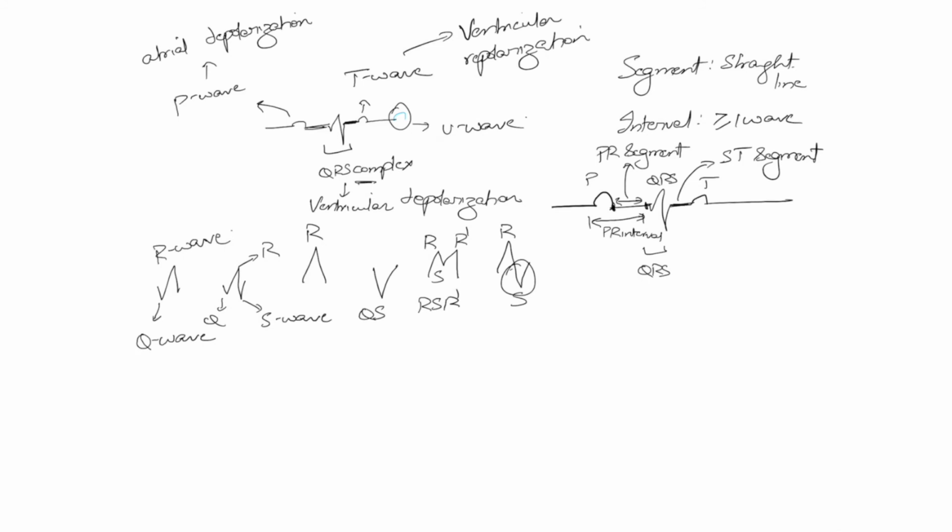And the interval between the beginning of ventricular depolarization to the end of ventricular repolarization would be the QT interval. Now, this lays a basic foundation of what to think about when you're looking at an EKG.